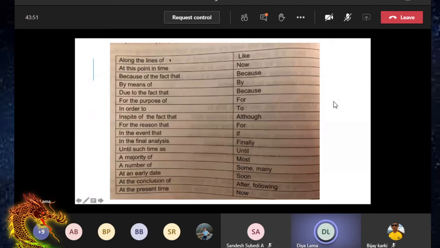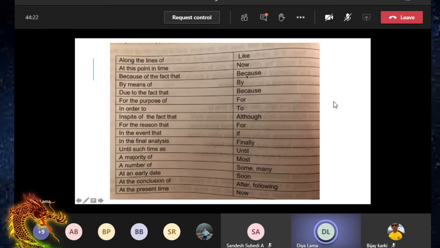So, along the lines of. Suppose you're writing something along the lines of; instead of writing along the lines of, you can write like, which makes the sentence shorter. At this point in time. Instead of this, you can write now. Because of the fact that.